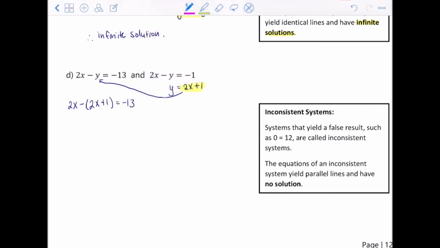And make sure when you see a negative in front of the bracket like this, you do have to expand it into the bracket, okay? So we get 2x minus 2 minus 1 equals negative 13. Okay, it's a very common mistake there. And we're going to collect the like terms.